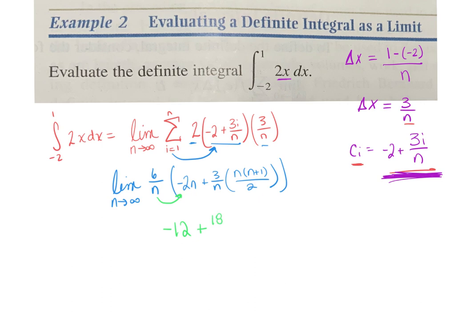That's going to be 18 over n squared. And then if I have this guy here, we have n squared plus n over 2, right? You can reduce this guy here. We have -12 plus 9n squared plus 9n over n squared, right?